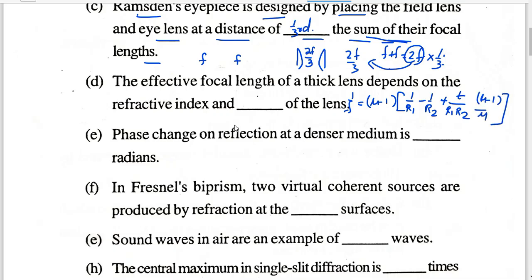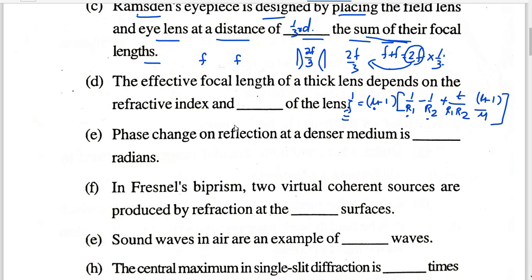This is the formula for focal length of a thick lens. Remember, here mu is the refractive index, r1 is the radius of curvature of the first surface, r2 is the radius of curvature of the second surface, and t is the thickness of the lens.